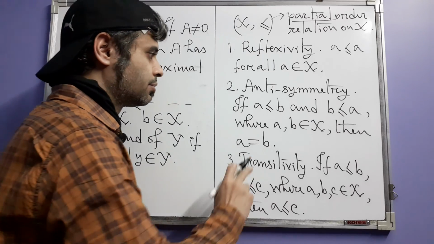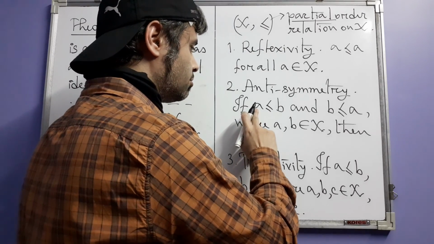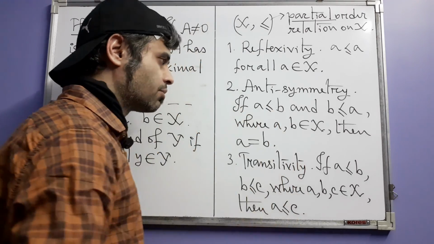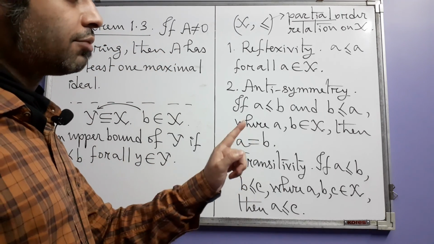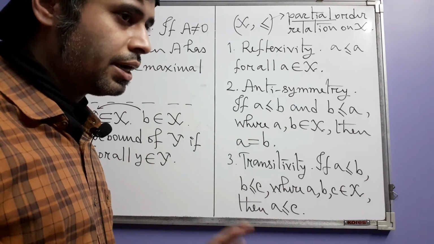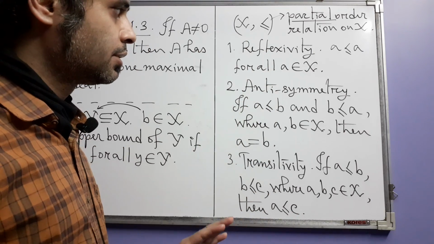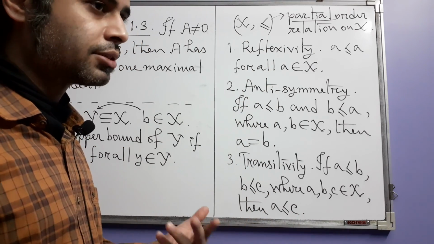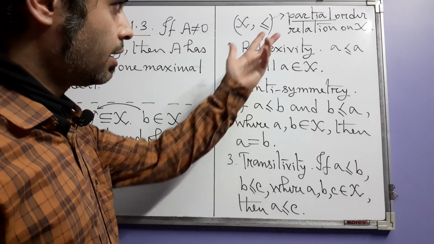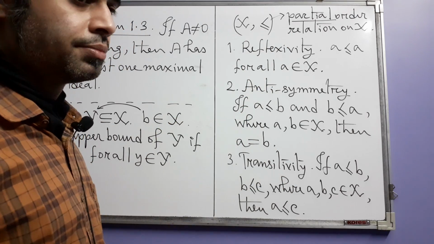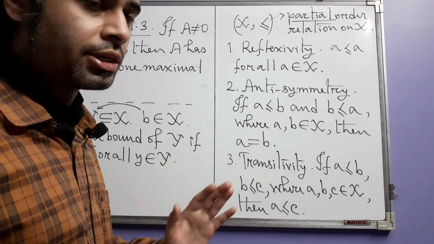That is, you do not have alpha less than or equal to beta, and you also do not have beta less than or equal to alpha. They are not comparable by this relation.